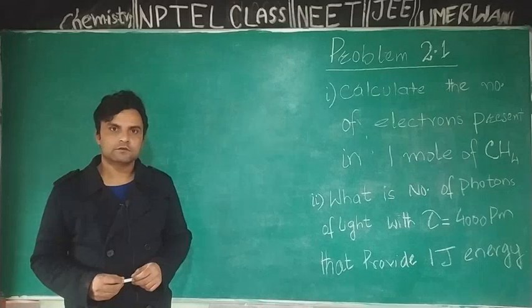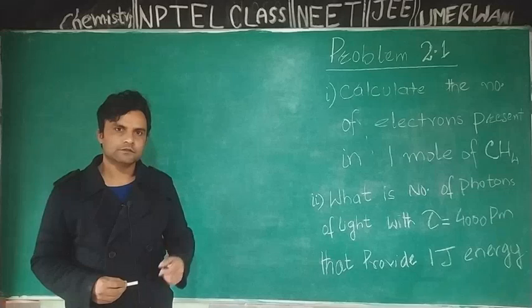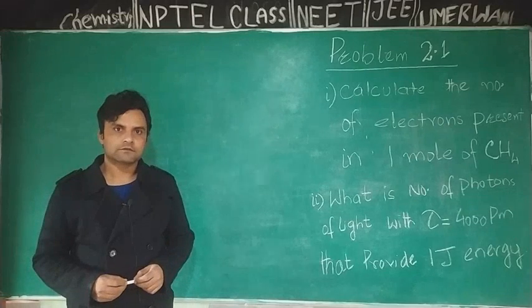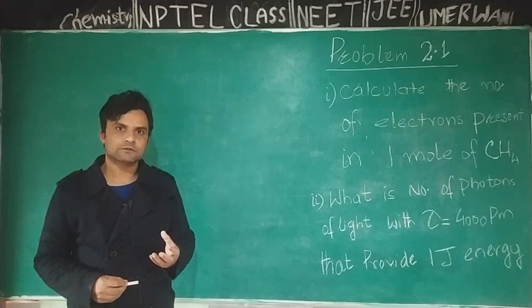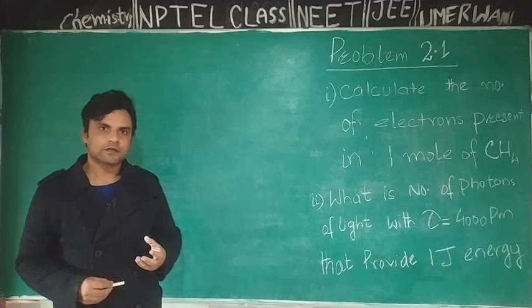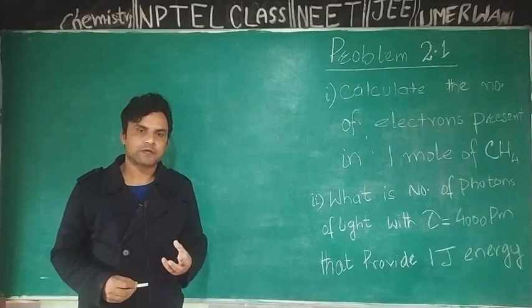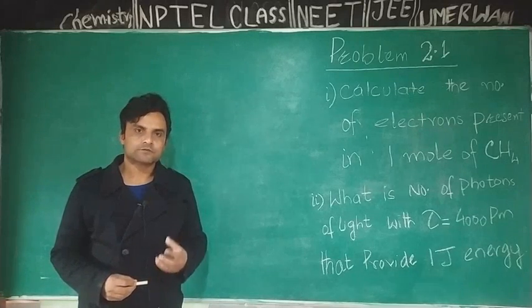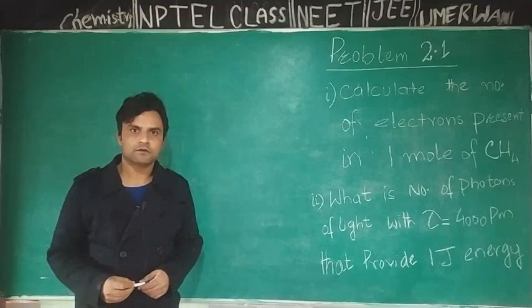Second part is based on quantum theory of radiation, or Planck's quantum theory of radiation. And in this theory, Planck suggested that radiation can be subdivided into discrete chunks, packets, bundles, and atoms or molecules can emit or absorb energy in these small chunks, packets, bundles, and smallest unit of energy which an atom can absorb or emit was named by Planck as quantum.